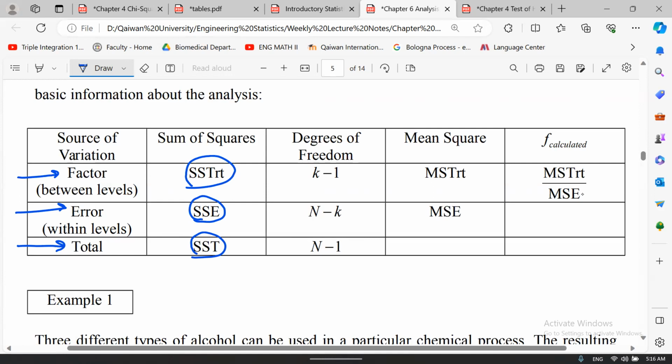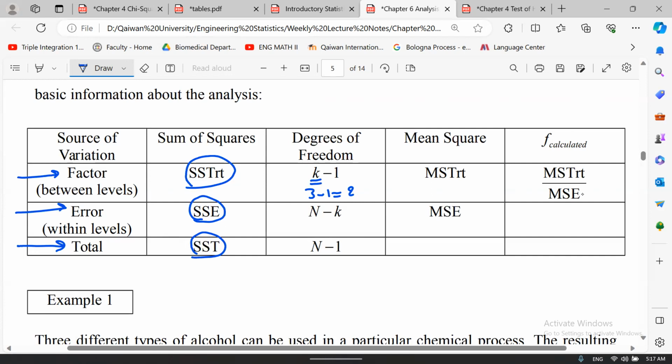Then, what's K? K is the number of levels, the number of groups, or the number of columns. Okay? The number of columns is K. In that example that you worked on, it is 3. We have 3 minus 1, which is 2. Write down 2 here.